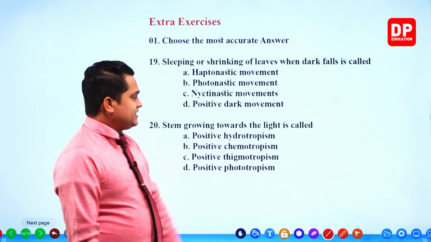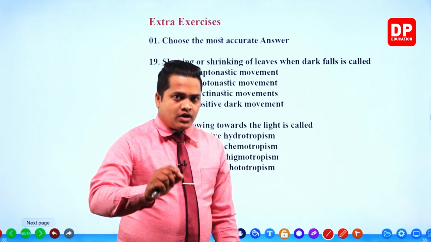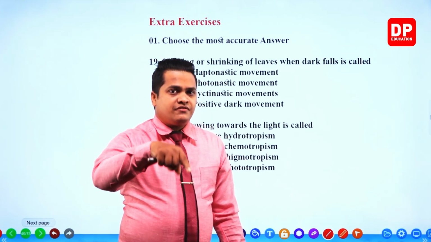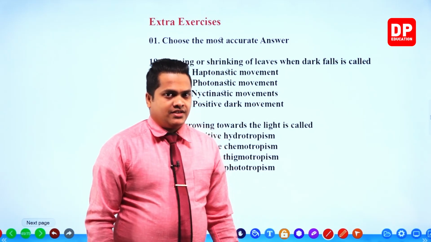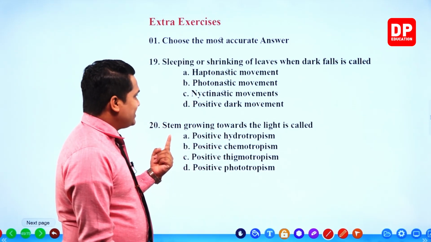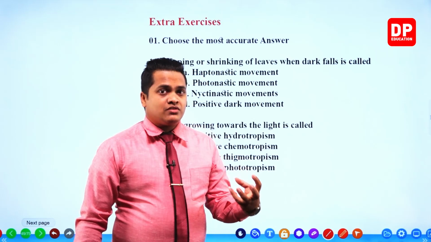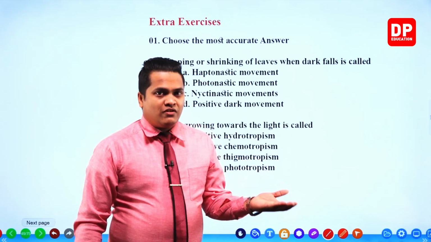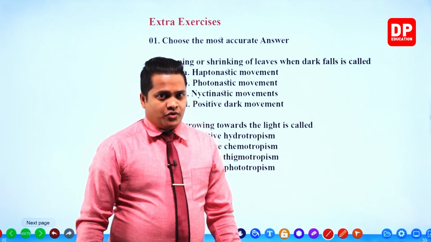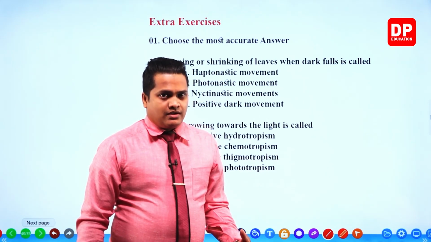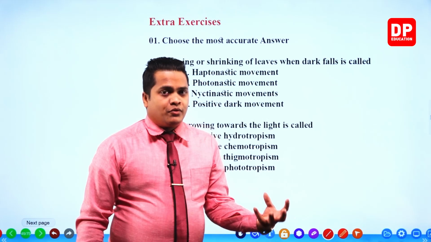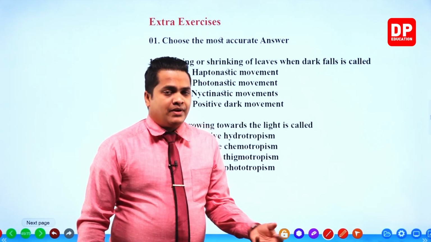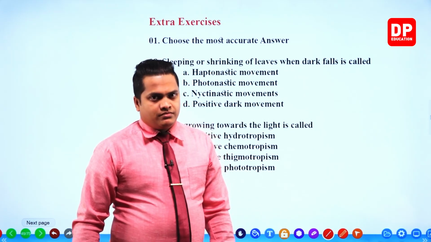Haptonastic movement occurs because of touching. Photonastic happens because of the light. Blooming of flowers is a good example for photonastic. Upon receiving light, what will happen? Flowers will bloom.